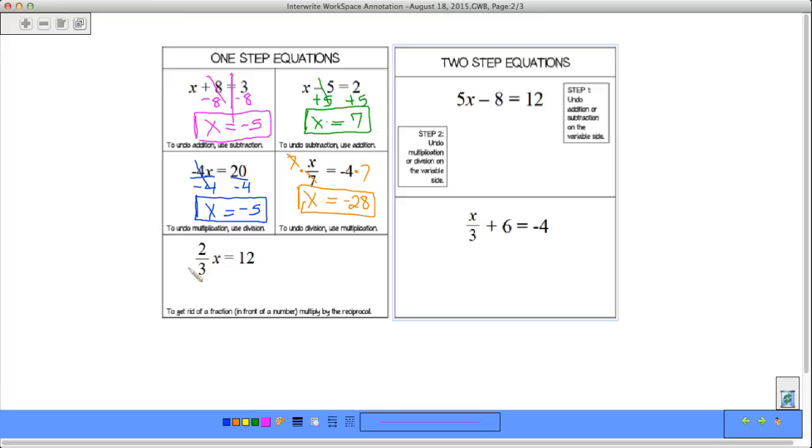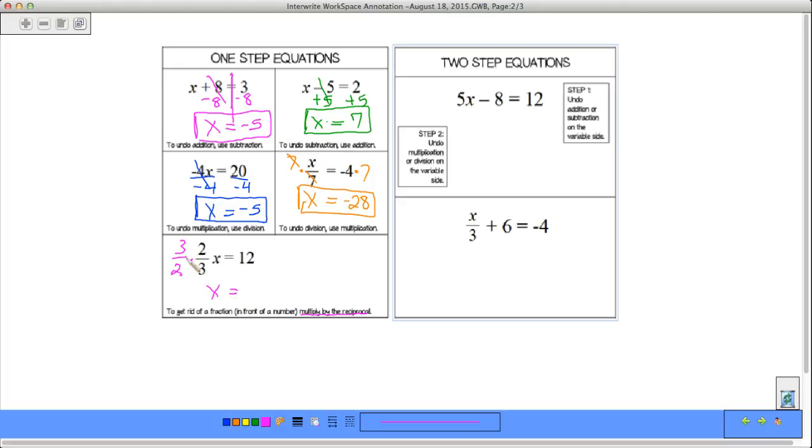Okay, so the next one has a fraction. To get rid of this fraction, all I have to do is multiply by the reciprocal. So the reciprocal is just what you have if you flip the fraction over. Turn it upside down. So the reciprocal for 2/3 would be 3/2, 3 over 2. So I'm going to multiply by 3 over 2. Those will cancel, which leaves me with just an x over here.